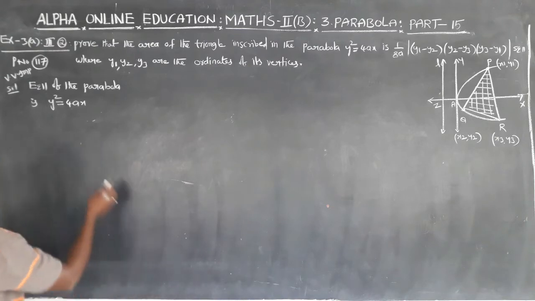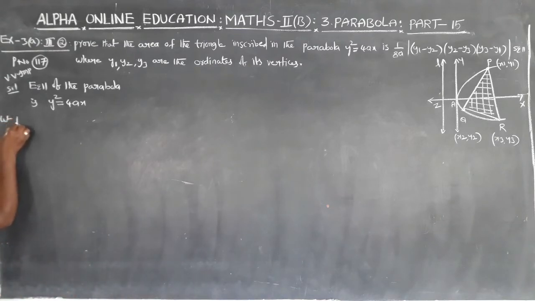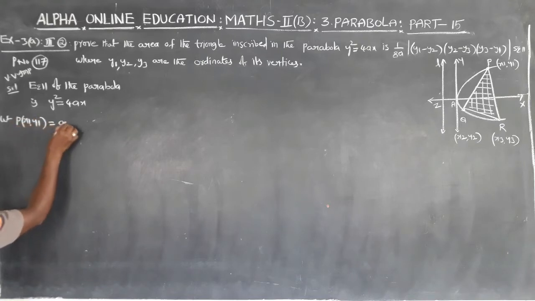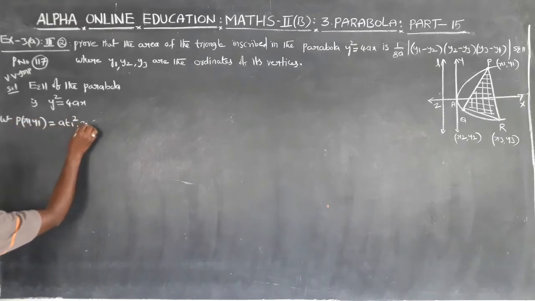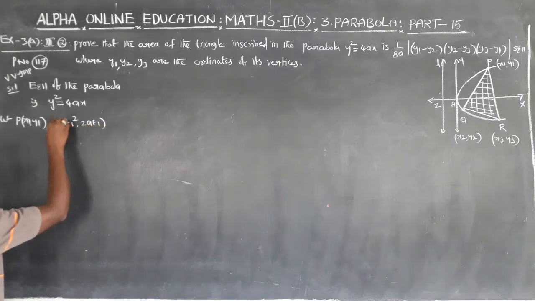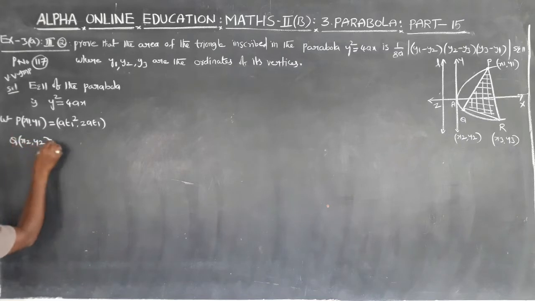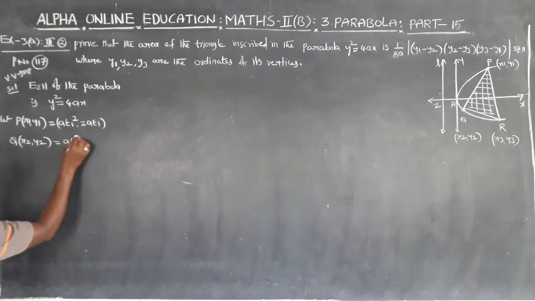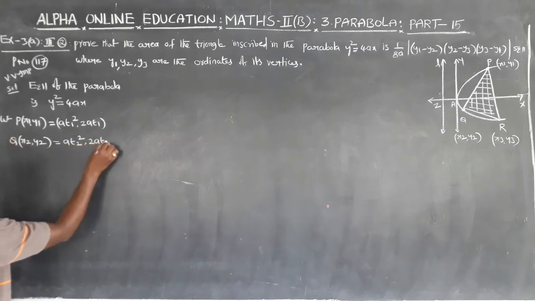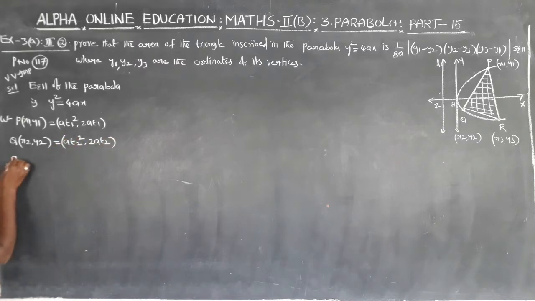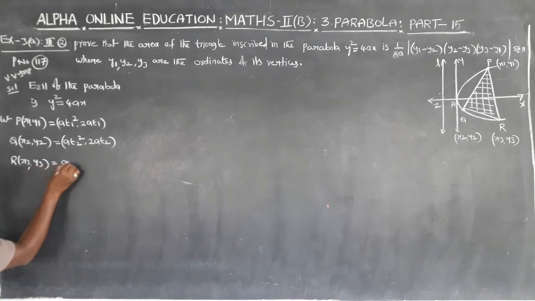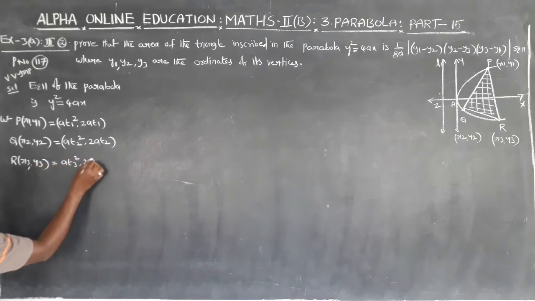Here the points: let P(x1, y1) be (at1 square, 2at1), Q(x2, y2) be (at2 square, 2at2), R(x3, y3) be (at3 square, 2at3).